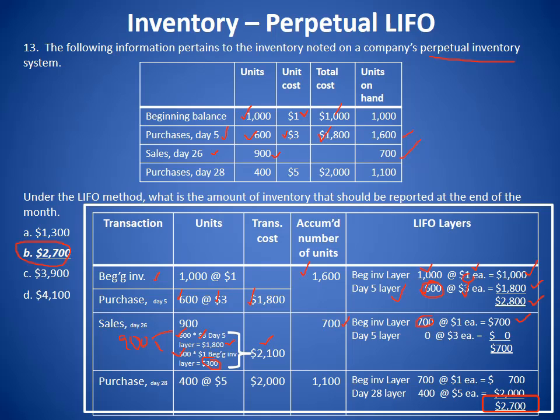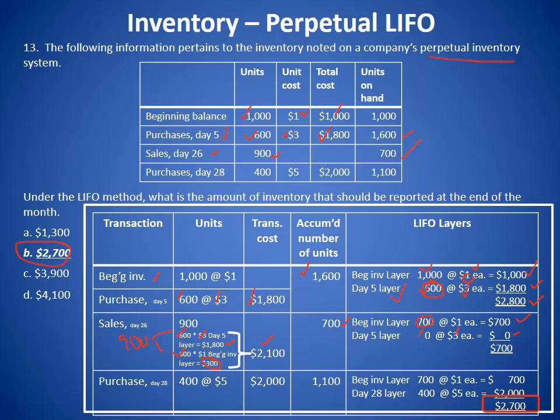So the value in my beginning inventory layer is $700. I can take a look at my day 5 layer now, and actually my day 5 layer is no longer relevant since I used every unit. I basically liquidated every unit in costing the day 5 layer. So I have no units left times $3 a unit, which equals 0. So layer 5 is no longer relevant.